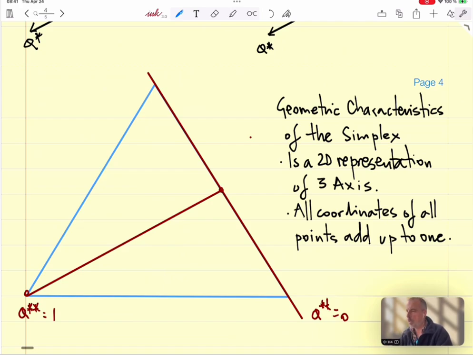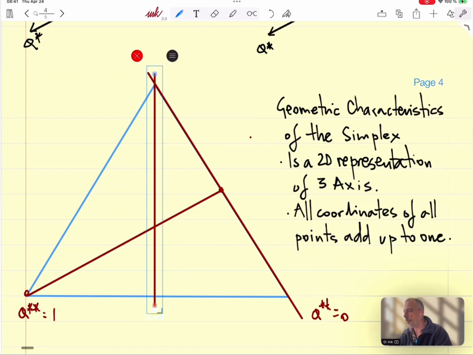Okay, so the line cutting the vertical here, this point.